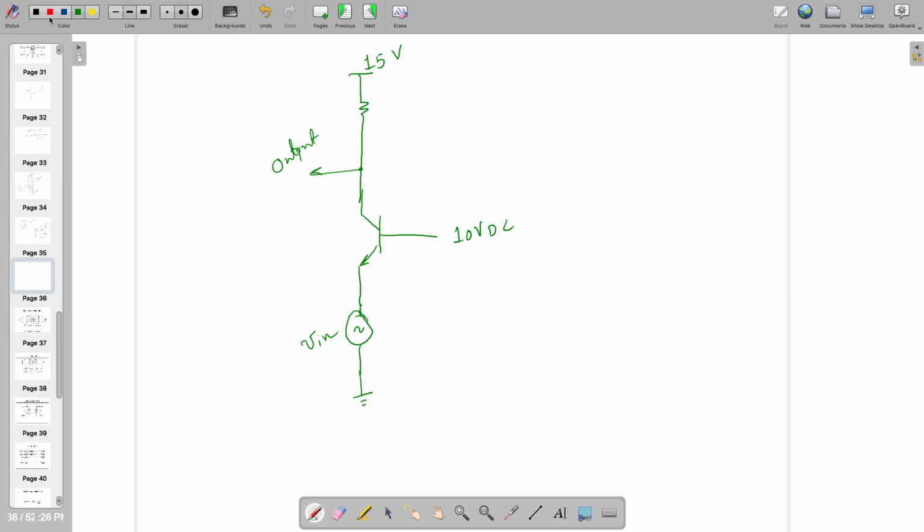So are you seeing a fluctuating signal here? You are also seeing a fluctuating signal because of this, but because of the independent DC battery over here, there is no fluctuation. So I am going to remove this. I am going to call this one as ground.